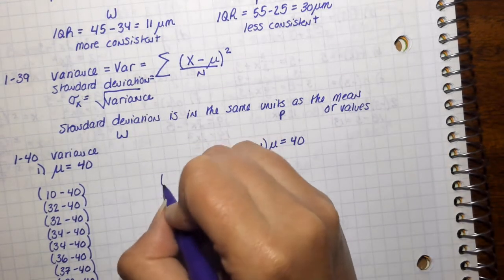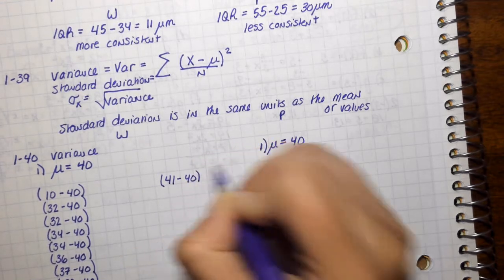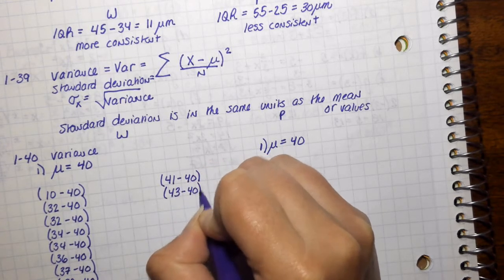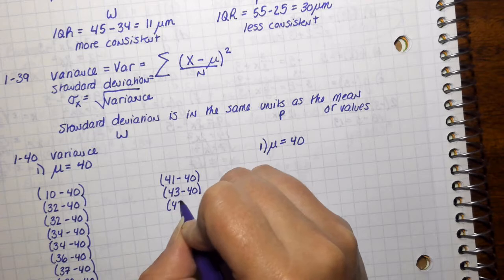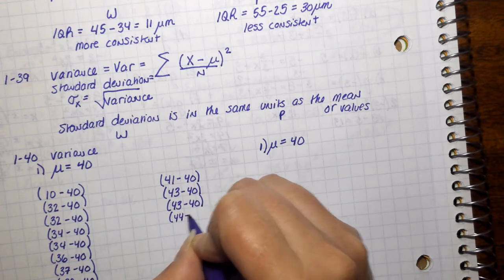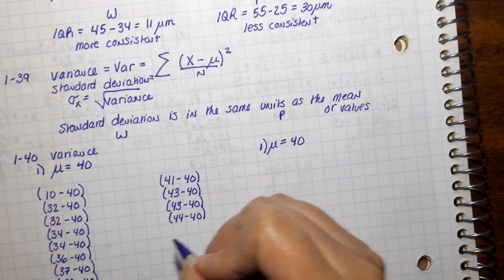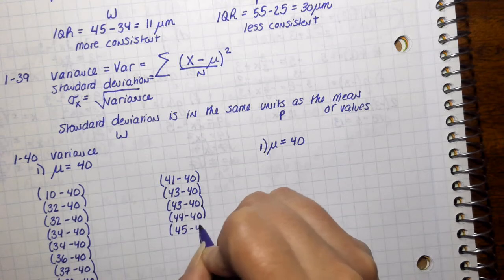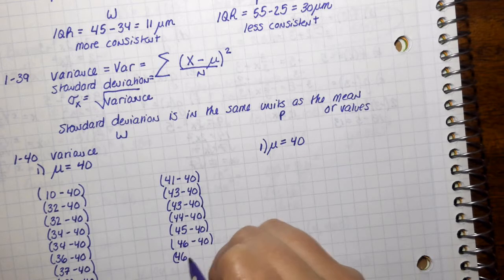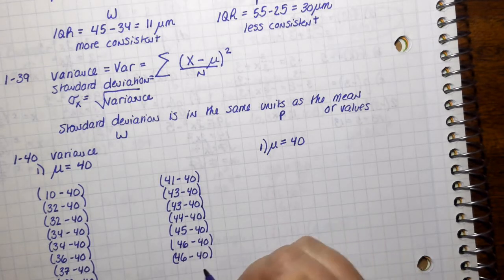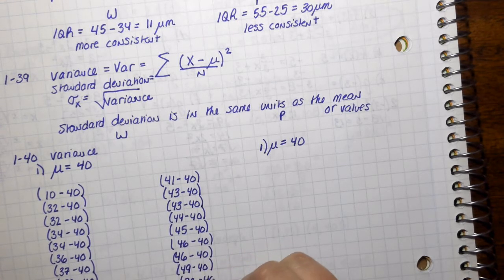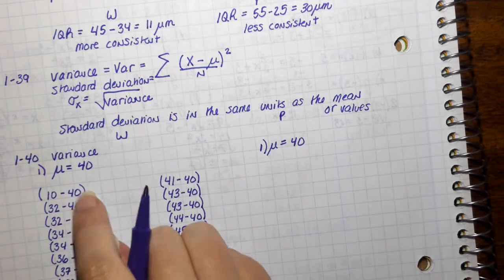Okay. 41 minus 40. Leave some space here. 43, 43, 44, 45, two 46s, 49, and 70. Oh, well, that's super unsatisfying.